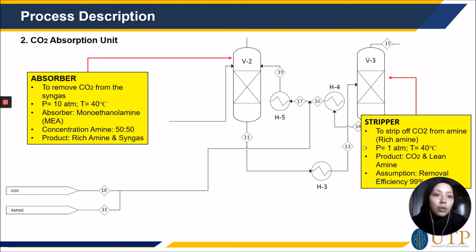For the product, it will produce carbon dioxide and also lean amine, where the lean amine will be recycled back to the absorber to be reused for the removal of carbon dioxide from the syngas. The assumption made here is the removal efficiency is 99%.